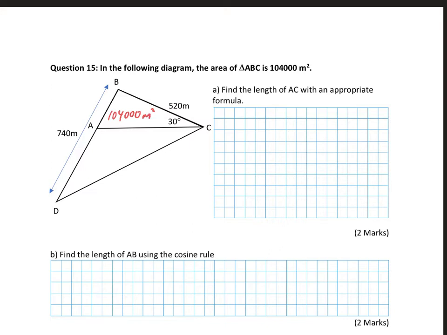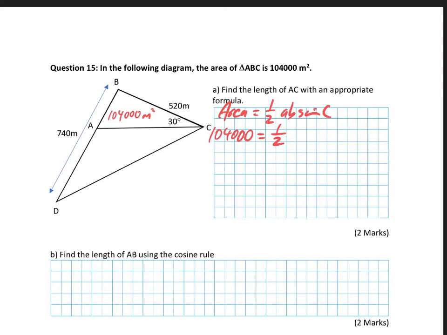Well, because I'm given an area here, I should be using the sine area formula, which was area equals 1/2 AB sine C. I know the area is 104 grand. I don't know the length of AC, but that's what I'm trying to find out doing this.